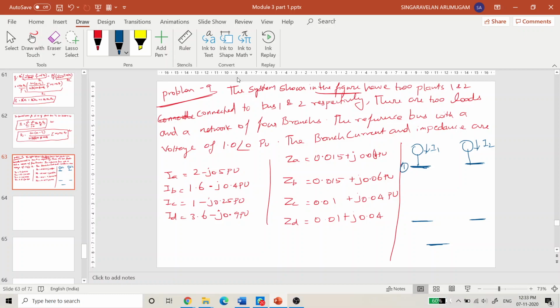This is bus number 1, this is reference bus 0, this is bus number 3, this is bus number 4, and this is bus number 2. There is a line between bus 1 and 0, a line between 0 and 2, and a line between 0 and 3, and there is a load at bus 4 and a load at bus 3.